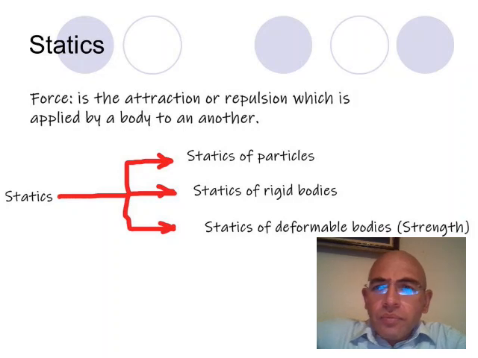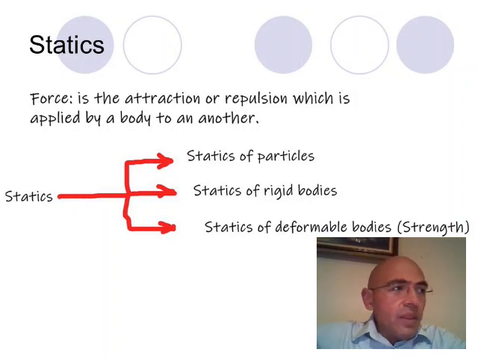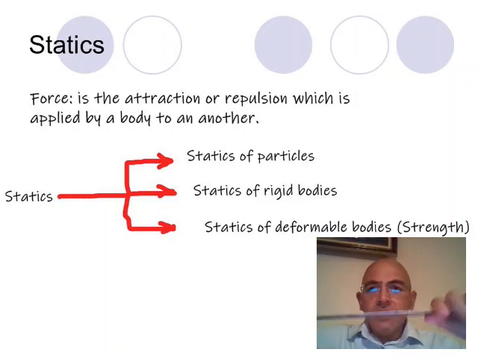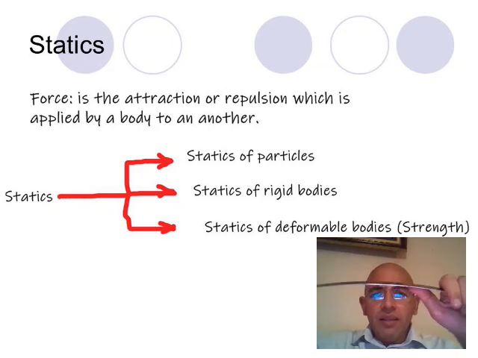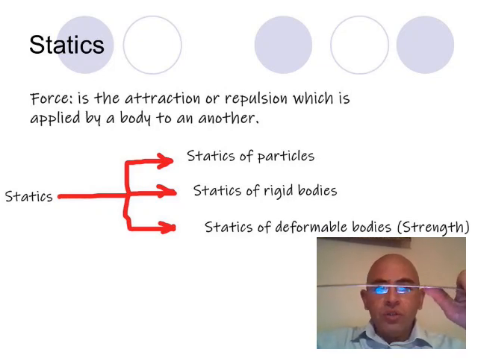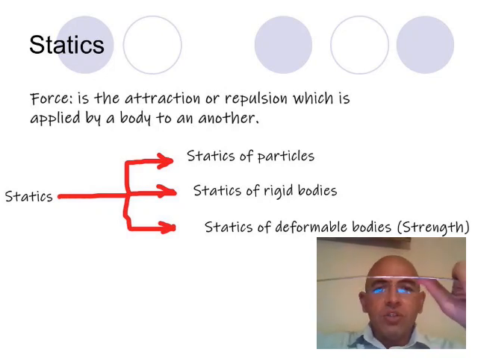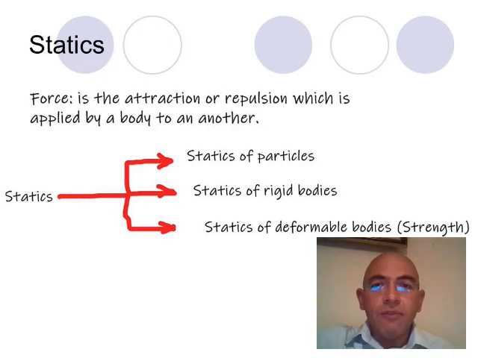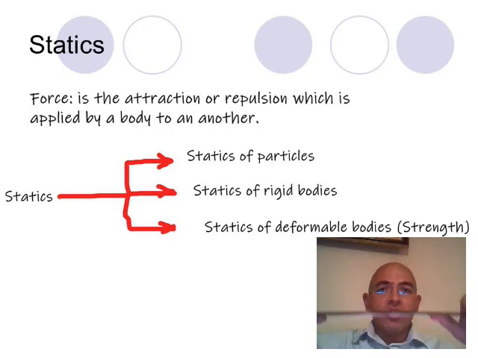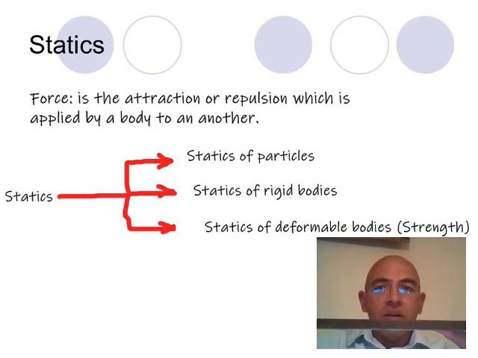Now, as we have seen, I push this ruler, okay, and it deforms. And I say that I apply a force on it. So what's force? Force is the attraction or repulsion which is applied by a body to another.